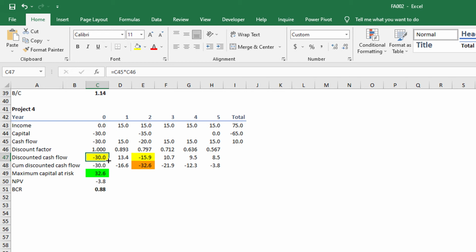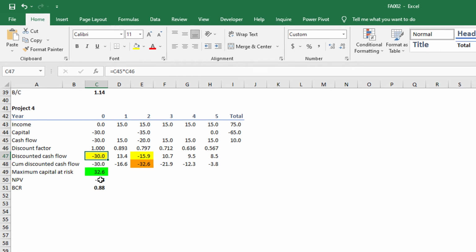This type of complexity illustrates the need to automate the determination of maximum capital at risk. The method we will use first finds the cumulative discounted cash flow and then finds the minimum point on that range. This approach reliably automates the calculation.